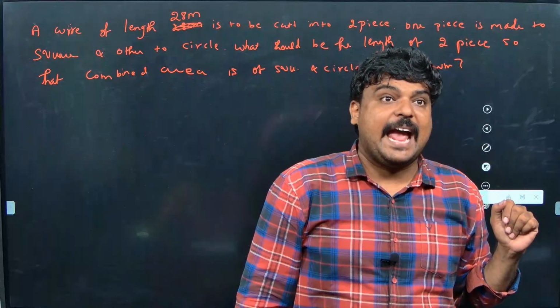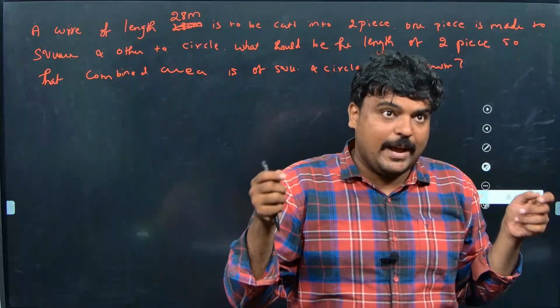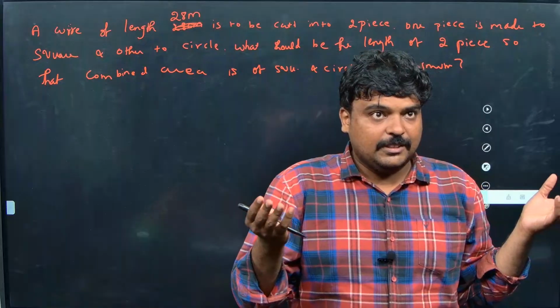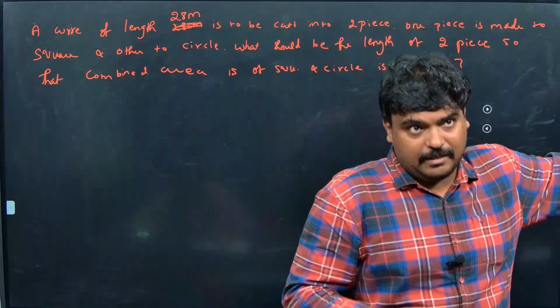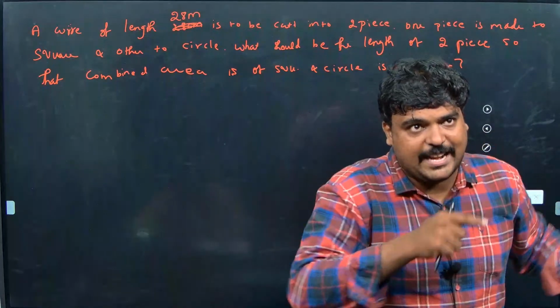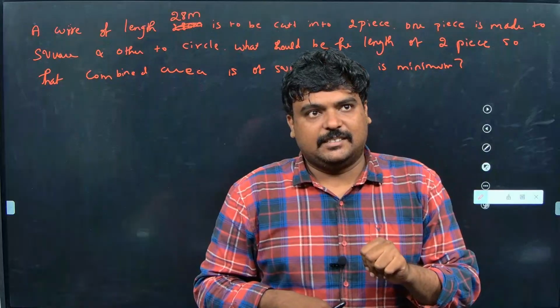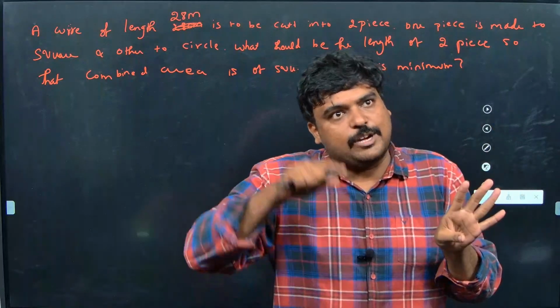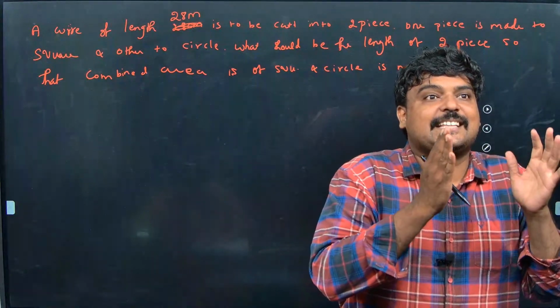That acts as the perimeter or circumference. I am taking x as the first part, for the square. So the perimeter of the square is 4a. So 4a is equal to x, so a is equal to x by 4, which is the side of the square.